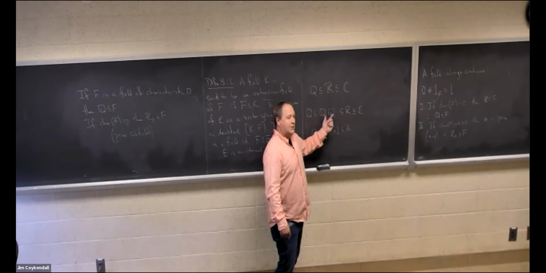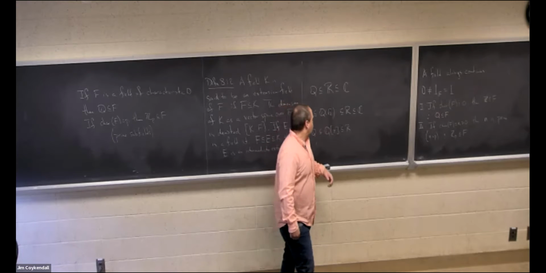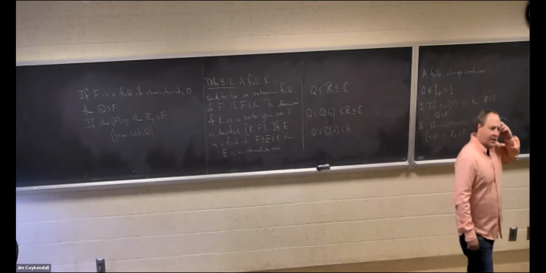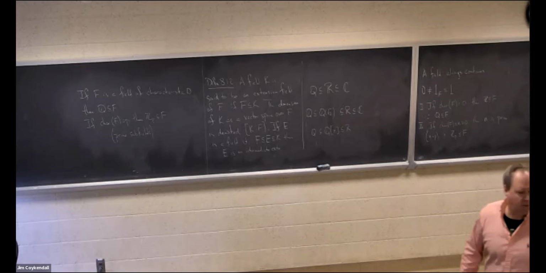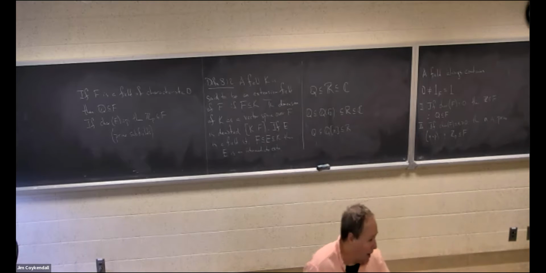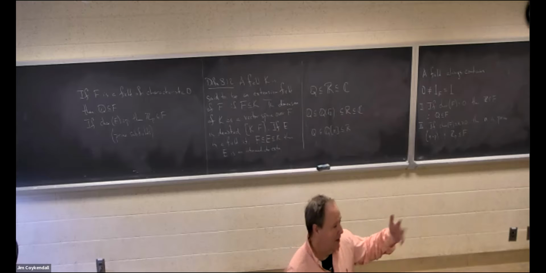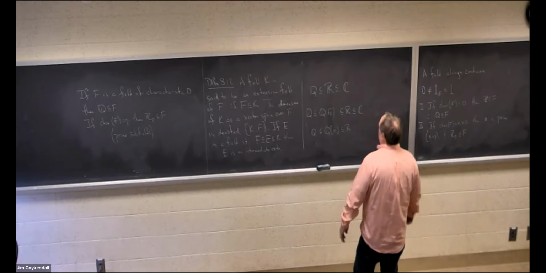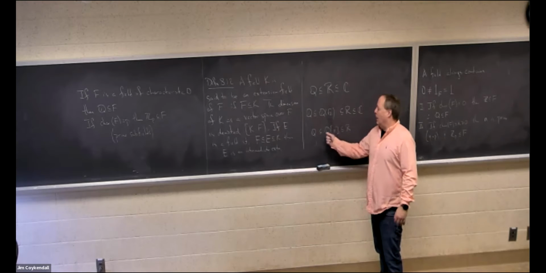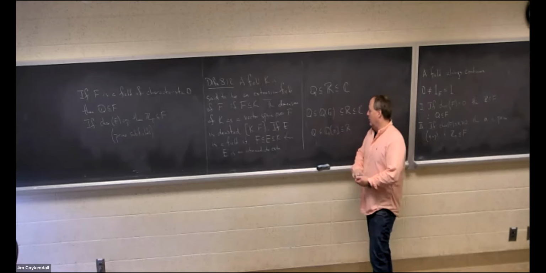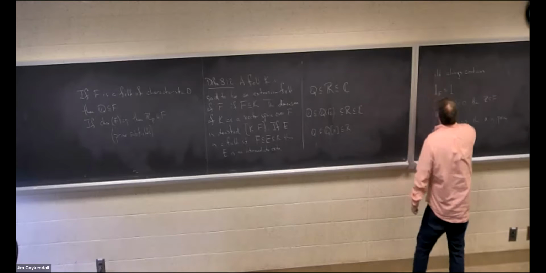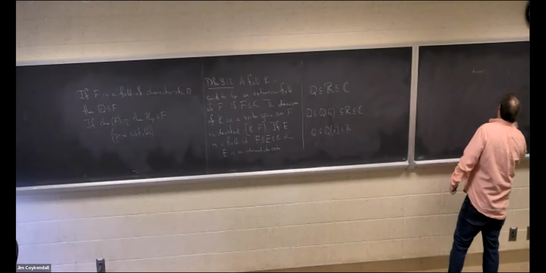Notice the smallest ring that contains Q and radical 2 contains 1 over radical 2. Because, well, you might tell me why. If you have the smallest ring that contains Q and radical 2, you also have to have the inverse of radical 2, because you can just take radical 2 and multiply by 1/2. And now you've got 1 over radical 2. The difference is that I can get away with this because pi is not algebraic. It's not the root of a polynomial, where radical 2 is. And we'll make all that a little bit more concrete later.